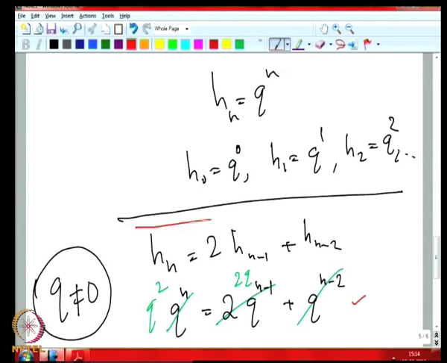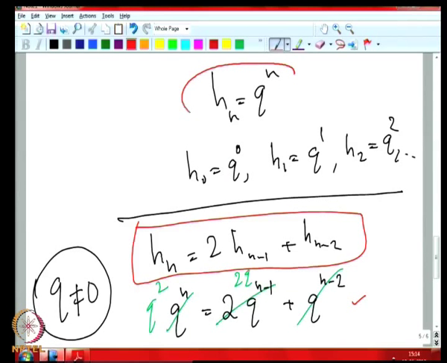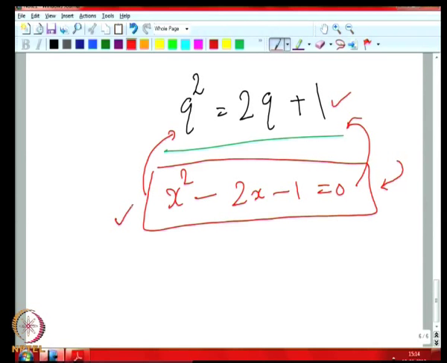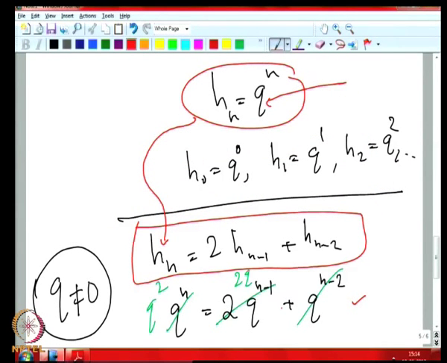That means for this recurrence relation, h n equal to q raised to n is indeed a solution. If you substitute h n equal to q raised to n for that particular value of q obtained by solving this characteristic equation, right, this recurrence relation will be satisfied.